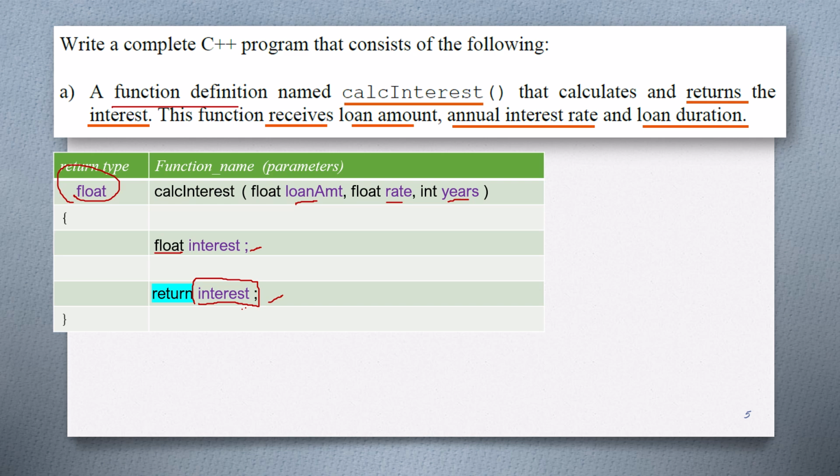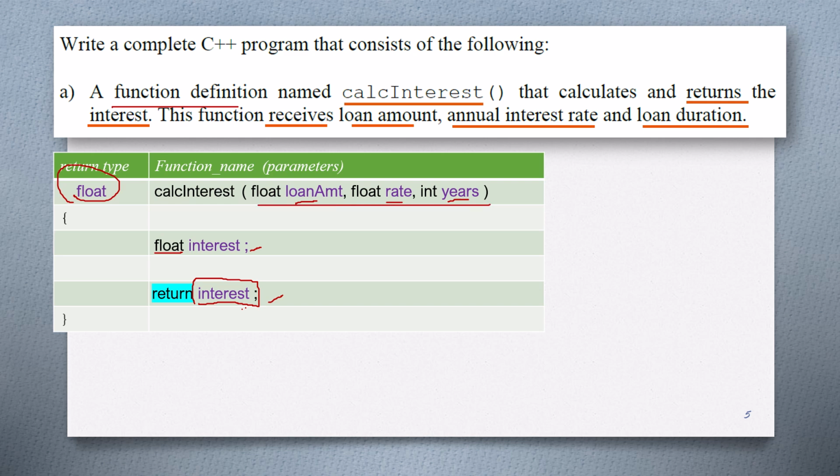When you receive the values, the computer needs to know the type of the parameters. The function called interest needs to know the types of data it expects to receive, which are the parameters.